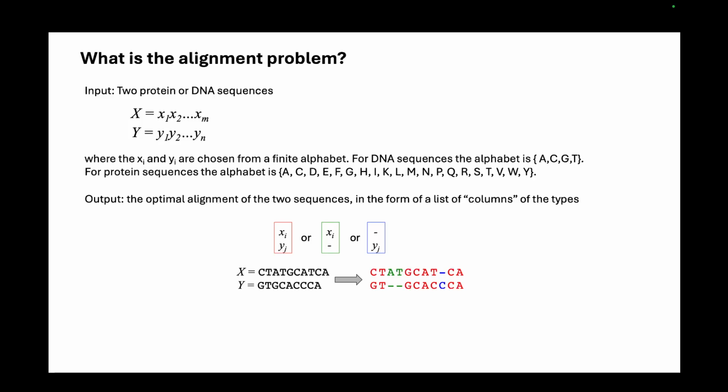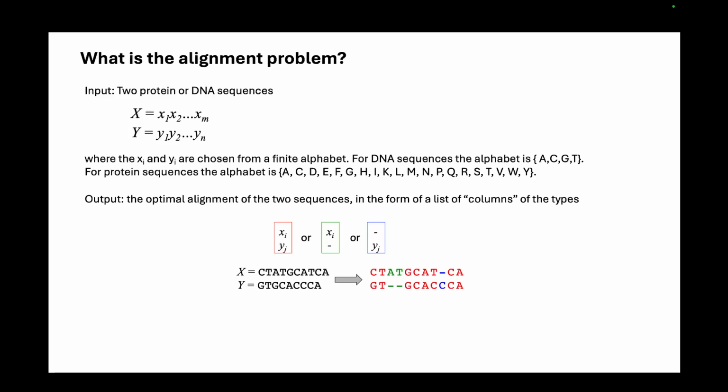But for DNA, we only have four bases: A, T, G, and C. So we'll talk mostly about DNA sequence alignment, but protein sequence alignment is also done very frequently, and it is quite useful as well.